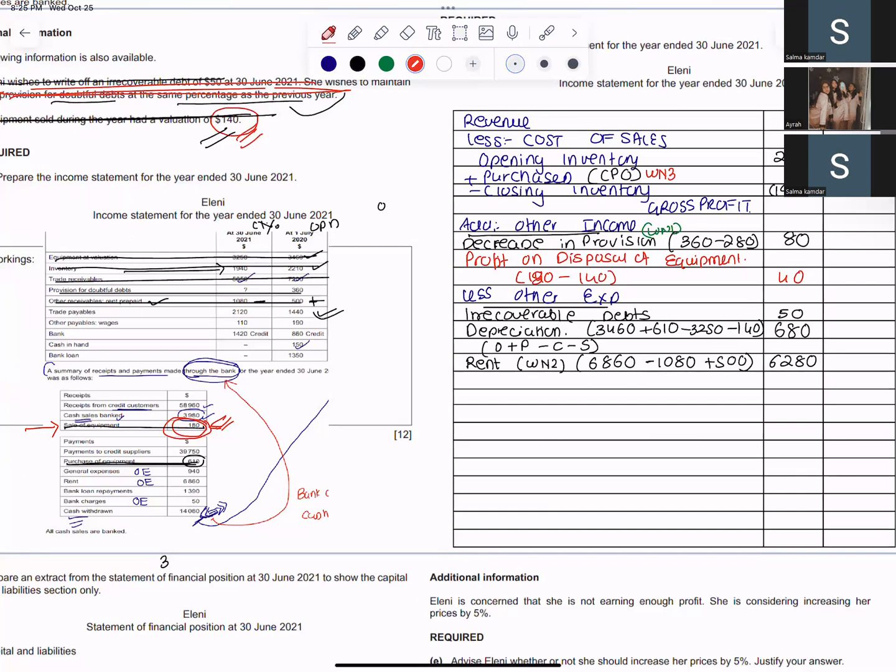So what is closing trade payables? 2120. Payment to trade payables 39750, minus opening trade payables 1440. So what will be my purchases?